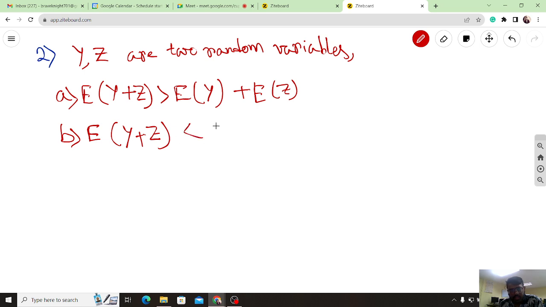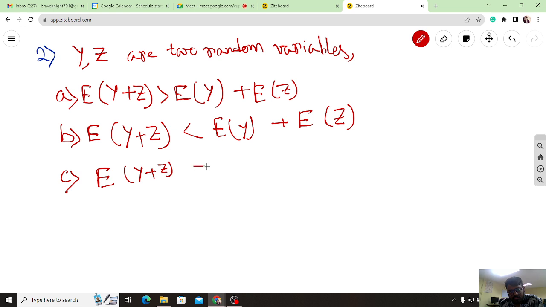Option B is less than the summation of the individual expected values. Option C is equal to expected value of y plus expected value of z, and you have to comment which of the following is true.